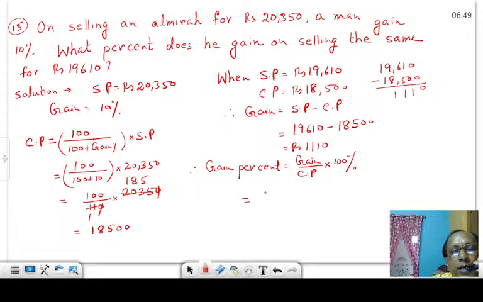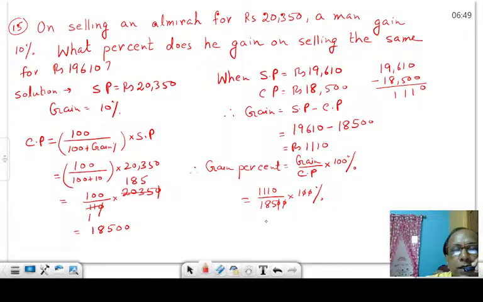Therefore, the value of gain is 1,110. My cost price is 18,500, and into 100%. This is our gain percent. Let us find the value of this gain percent. This 0 and this 0 will cut, this 0 and this 0 will cut.